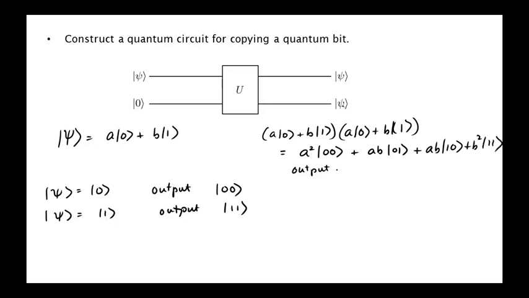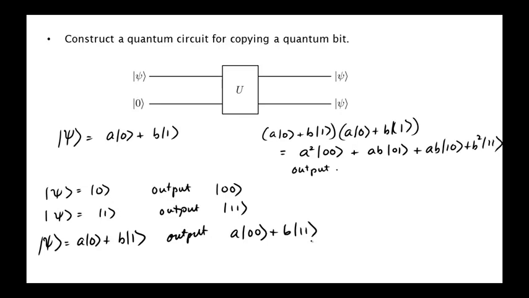So now by linearity, when psi equals A0 plus B1, the output should be A00 plus B11, because it should be A times whatever it was in this case plus B times whatever it was in this case.